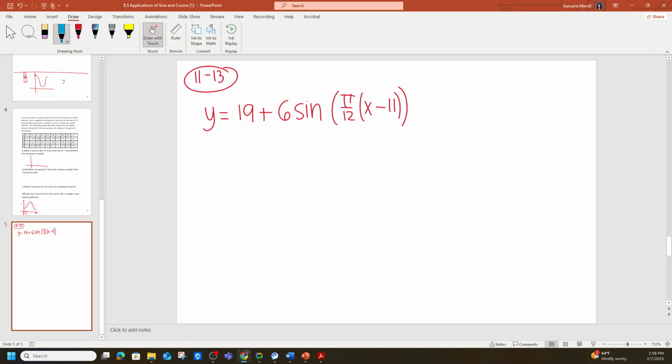The next thing is talking about maxes and mins. Can you tell me which portion of this is your amplitude, and which is the midline? We're not even asking you to graph this, but it helps you know the max and min temperatures.